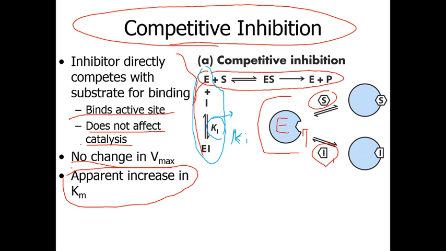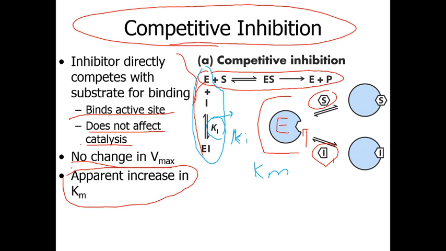Now, what it means by apparent change in Km is that it increases the Km for the substrate. Remember, Km is the ability of this enzyme to bind a substrate. It directly relates to the binding affinity of a substrate.